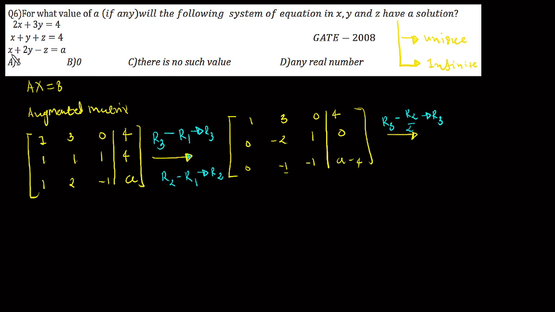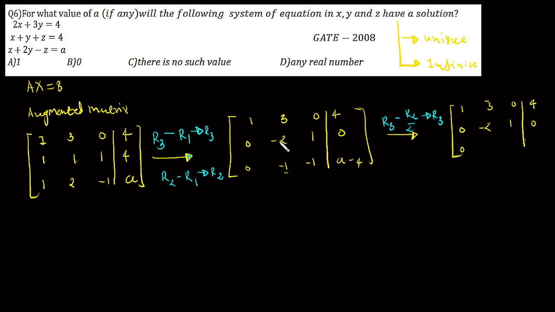So now after this step, what are we getting? Let's write it here. The first row will remain as it is, 3 0 4 1, and the second row also remains as it is, 0 minus 2 1 0. Now here we already have 0.